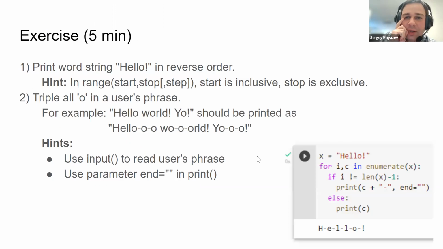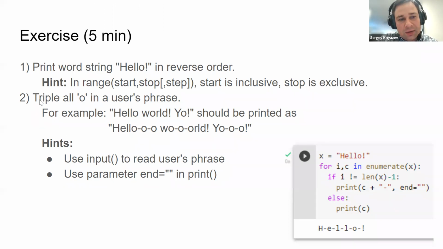Here's an exercise for you. Print the word string hello in reverse order. A reminder that you need to use range with start, stop, and step, where start is inclusive and stop is exclusive, as we discussed.